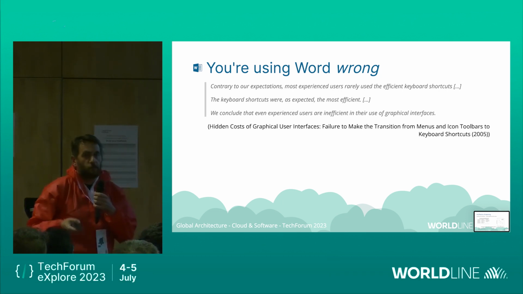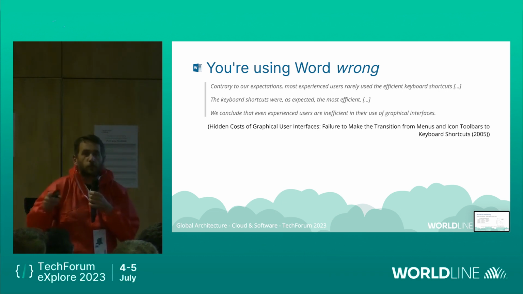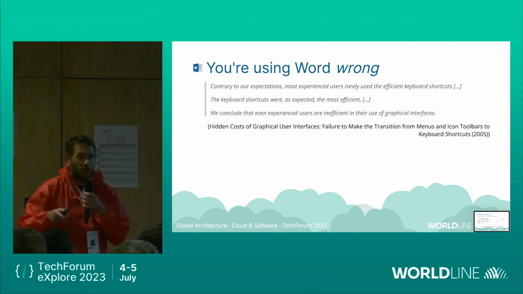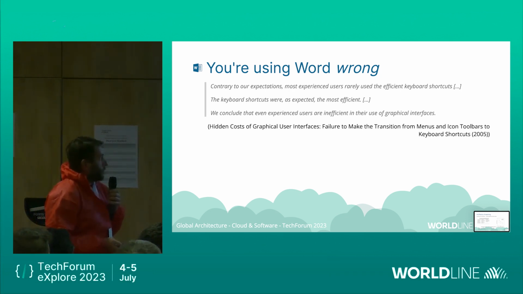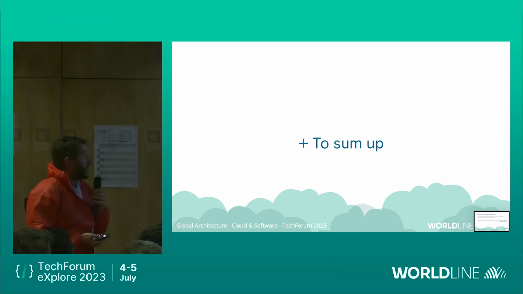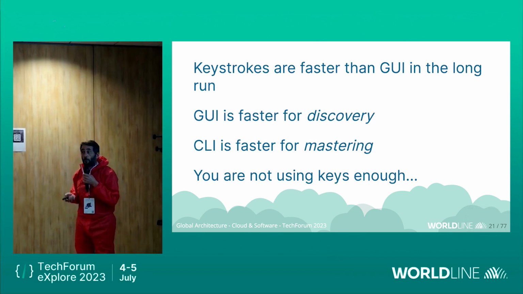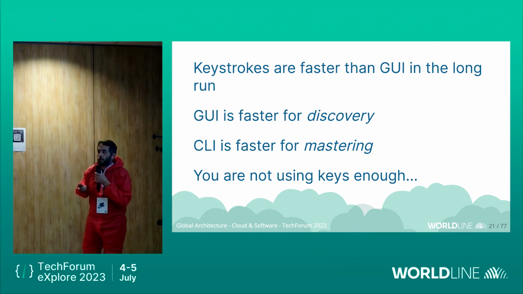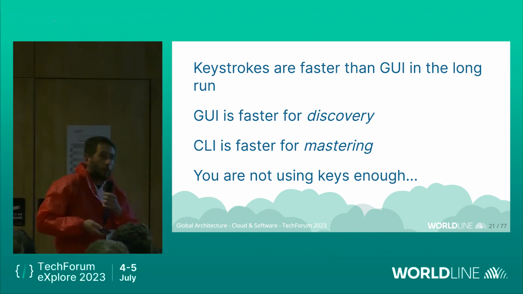So basically, if you are using Word on a day-to-day basis, you would be more efficient if you used it using the keyboard than using the mouse. All in all, to sum up the scientific facts, keystrokes are faster than GUI in the long run. So as soon as you use a lot the keyboard or a lot of an application, you are faster using the keyboard than the mouse.